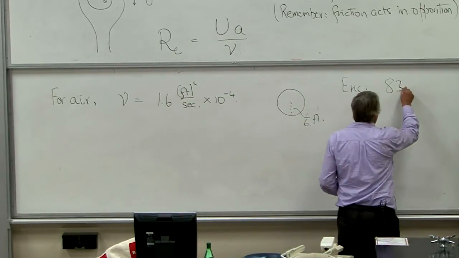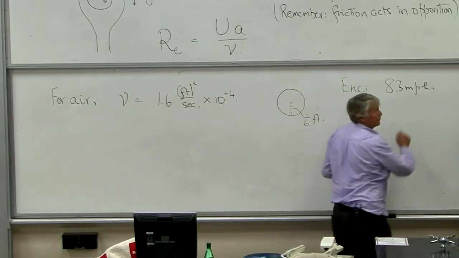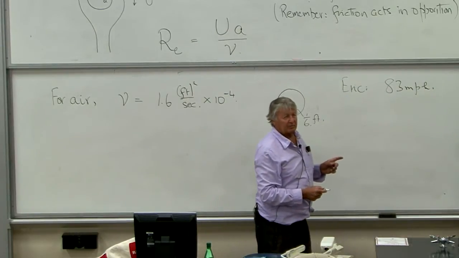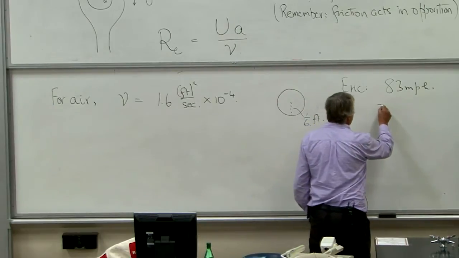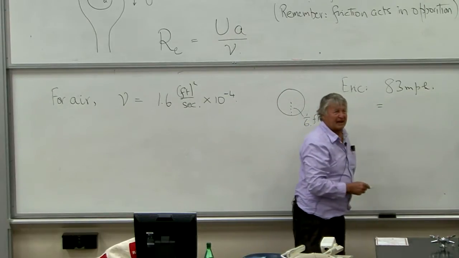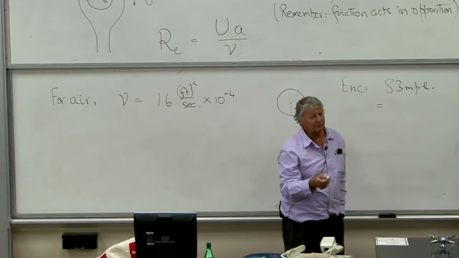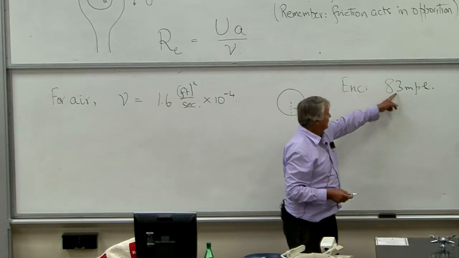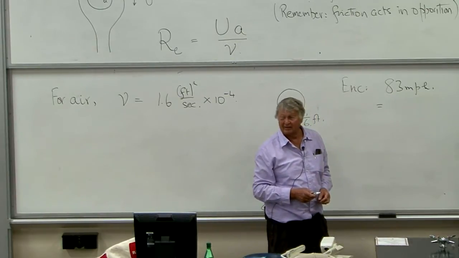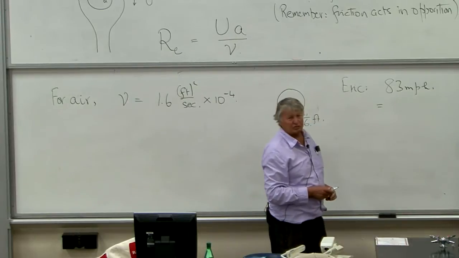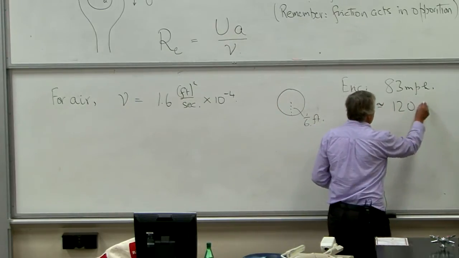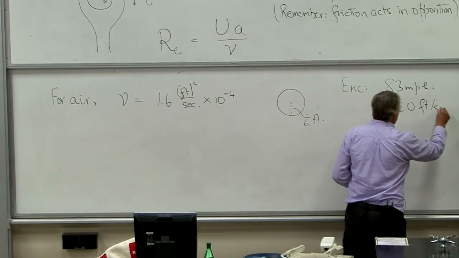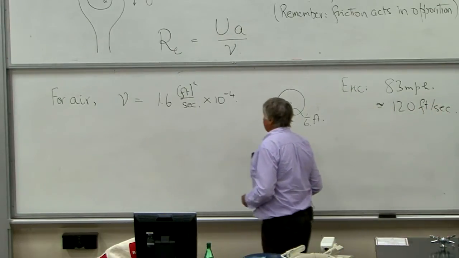All right, 83 mph. Now I've got to go to feet per second. So I multiply by 88 over 60, right? That's roughly 3/2. So what's 3/2 of that? That's about 120. So say 120, roughly, feet per second. Okay.